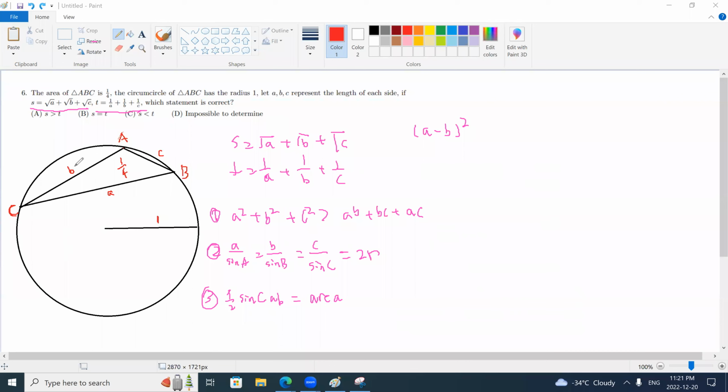I will make a follow-up video if you're not sure why A, B, and C are not the same. Basically I'm saying this can't be an equilateral triangle, or else the area is not small enough to be 1/4. If A, B, and C are the same, then this area will be too big, and you can try to prove that on your own. It's pretty obvious, actually. Let's just start off by writing a seemingly random expression.